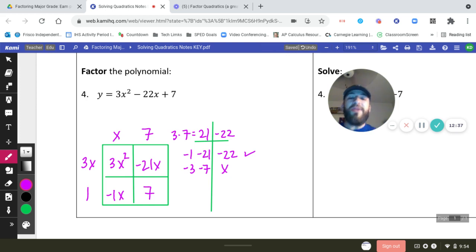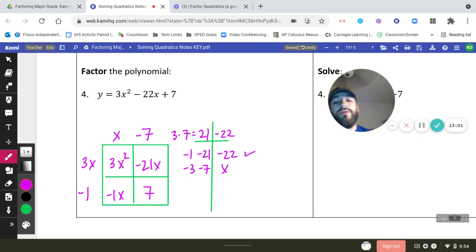Now you might be noticing a problem with what I factored out. I have x, 3x, 7, and 1. 1 times 7 does make 7, but 3x times 7 doesn't make negative 21x, and x times 1 doesn't make negative 1x. Well, I can still take a negative out of both of these as a GCF.